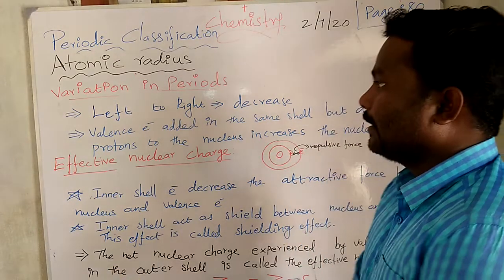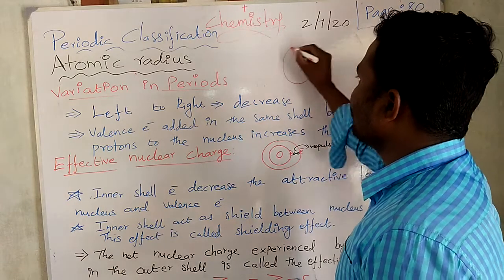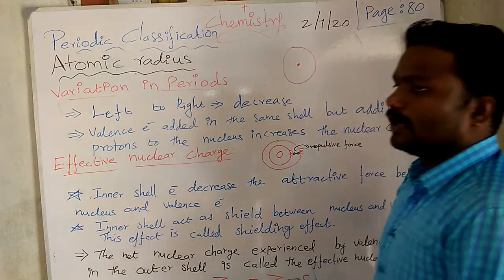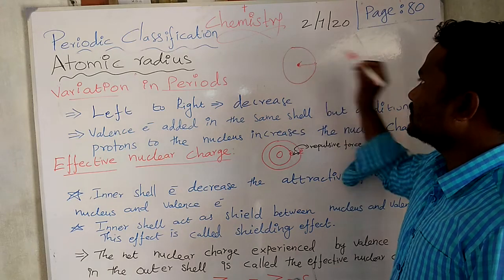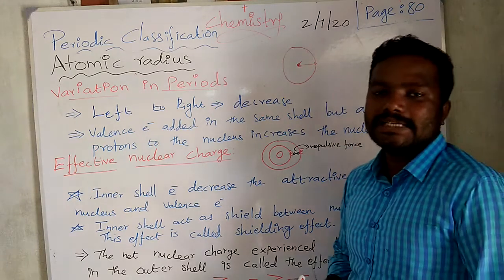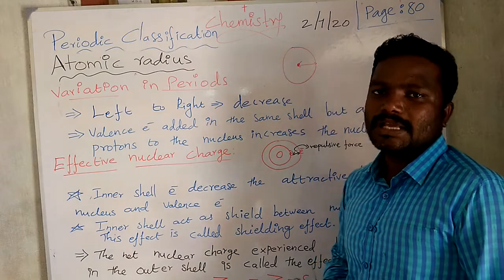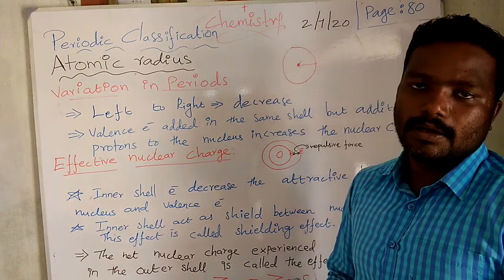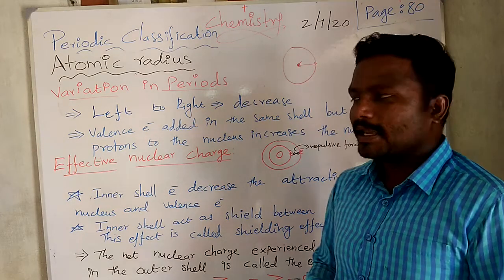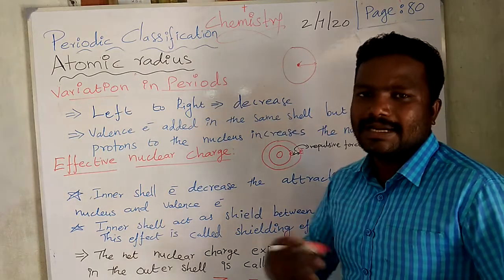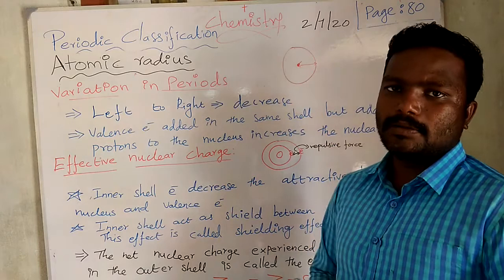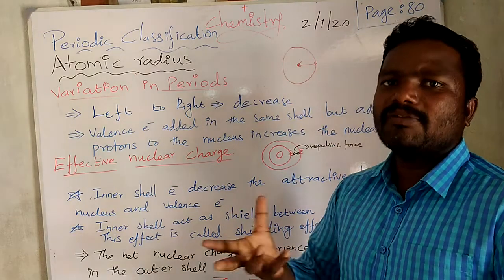What do you mean by outermost cell? The last cell is called the valence cell. For understanding, we can say atomic radius means size. Radius means we can find the size.